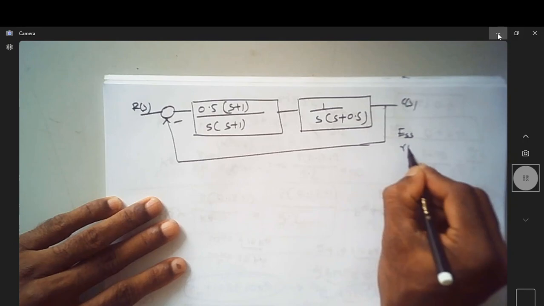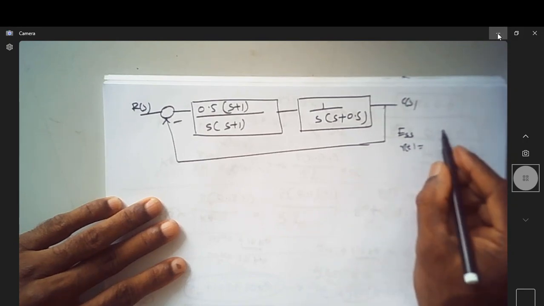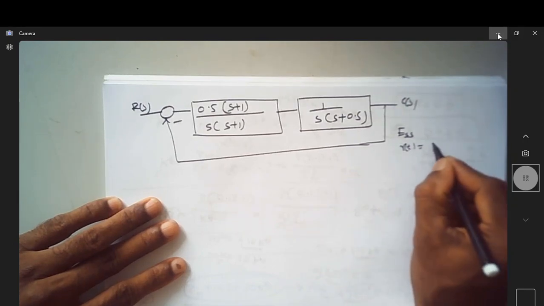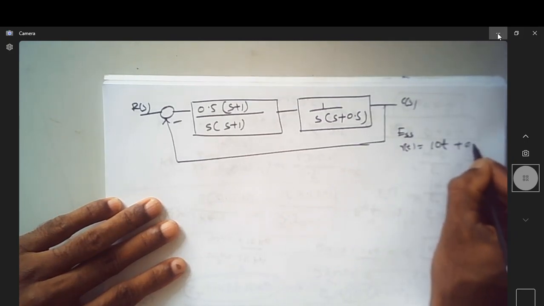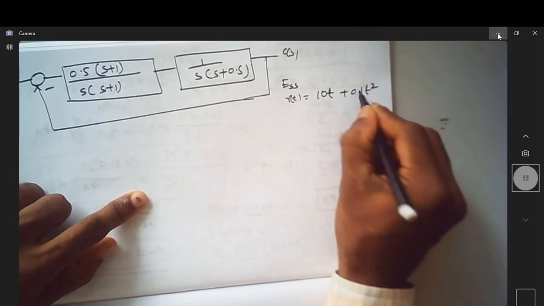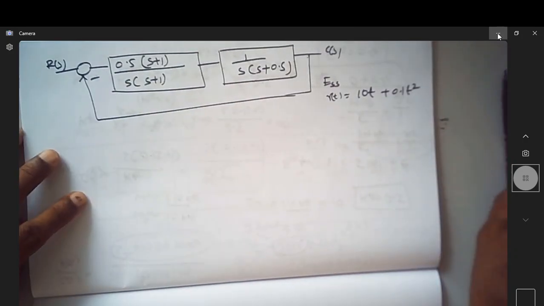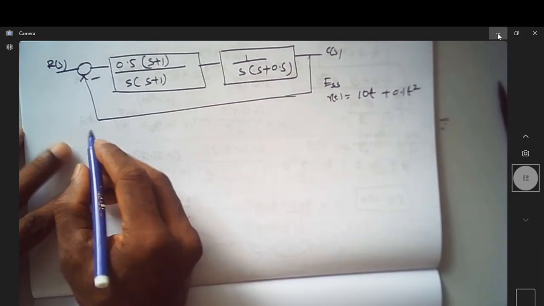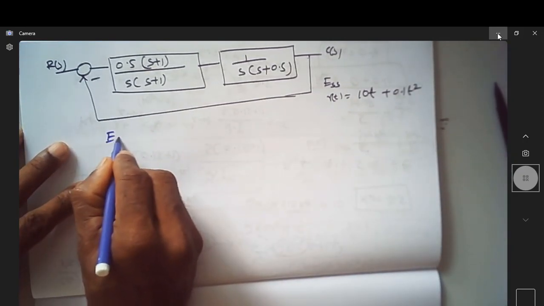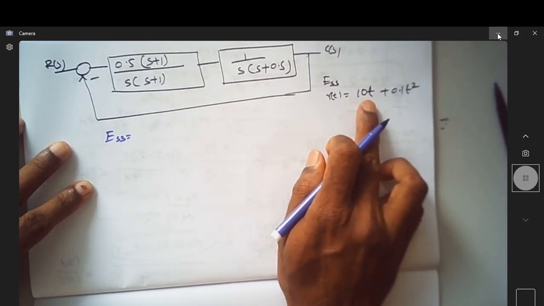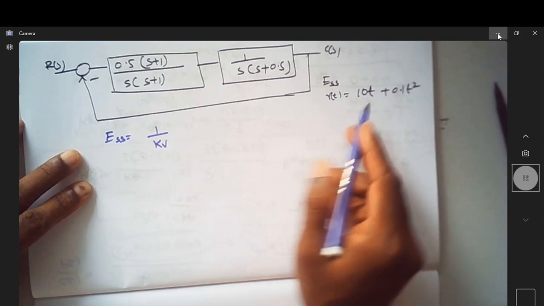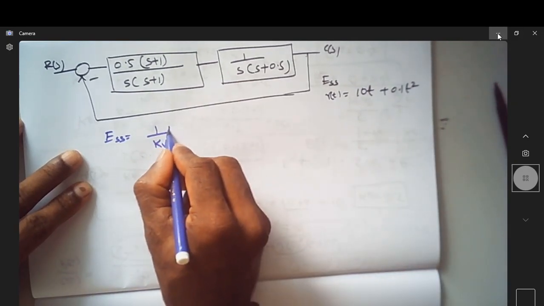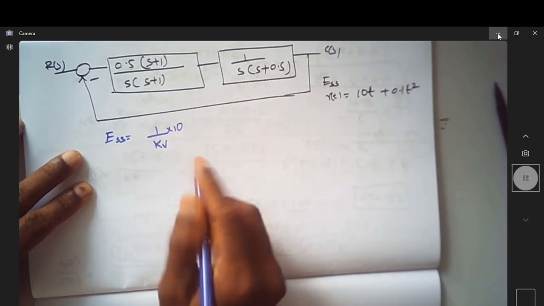ESS given the input as 10t plus 0.1 t square. This is my input. So we know that ESS, when a ramp signal is given, is 1 over Kv. Since it is 10 times, it is like 10 by Kv.